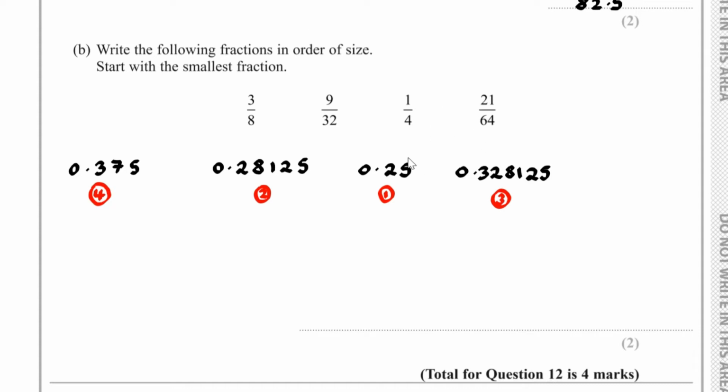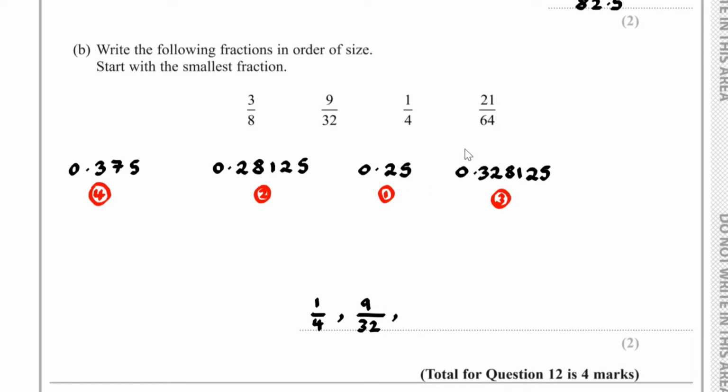So we've got the smallest one, that is 1/4, followed by the 0.28125, which corresponds to the 9/32.